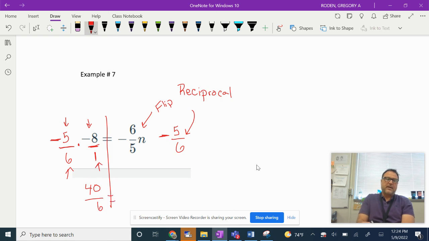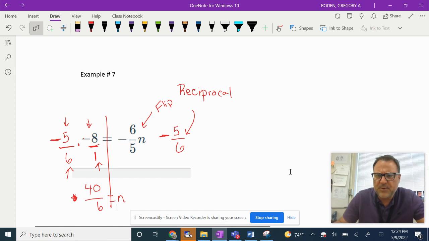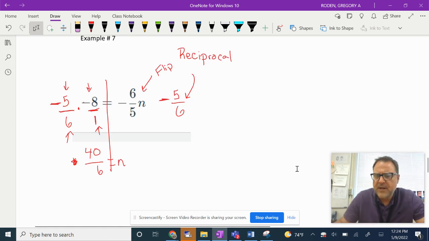So now I get n, and it's positive, because a negative times a negative is a positive. There's really a positive here, but we don't have to write it. And so we get n equals 40 over 6. Now, if you put this into Delta Math or whatever, or you're taking a quiz, you would miss it because we always reduce our fractions.